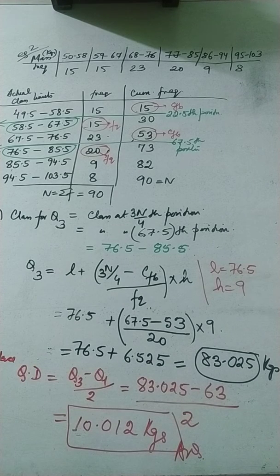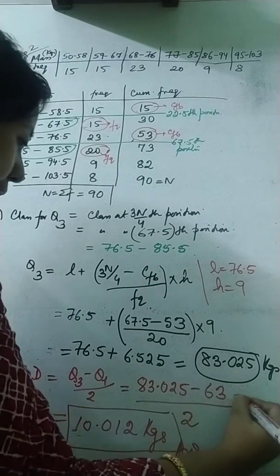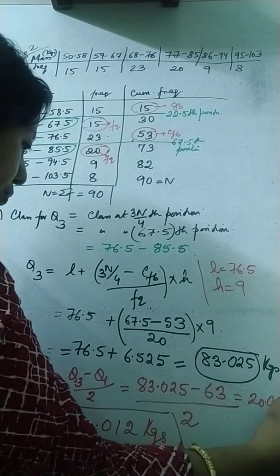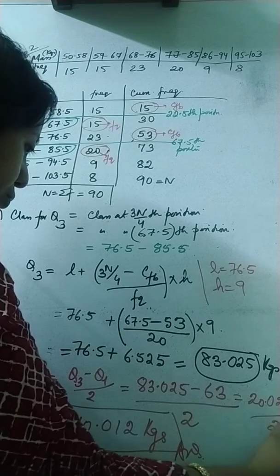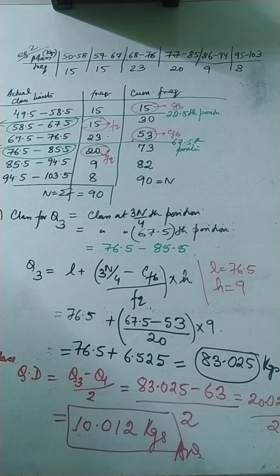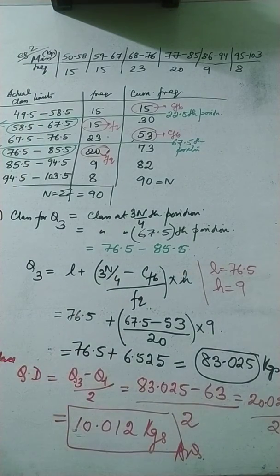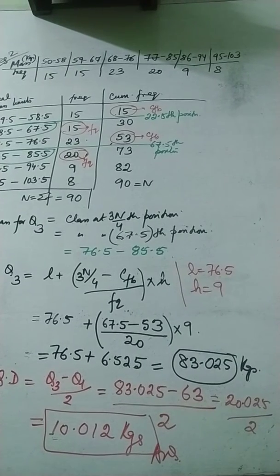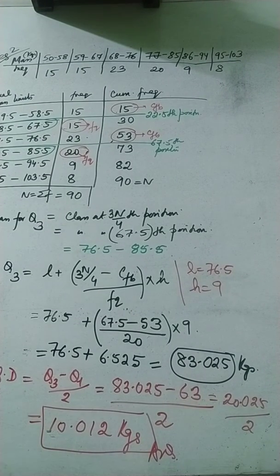Okay, because this is coming to 20.025 by 2. So therefore it is 10.012 kgs. What if you are asked coefficient of quartile deviation? I hope you remember the calculation.